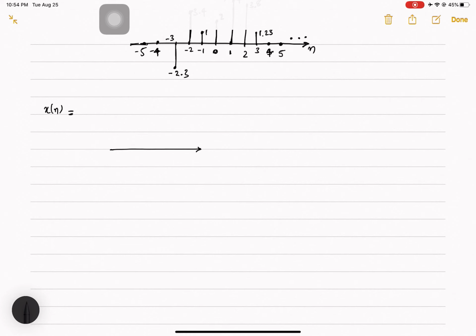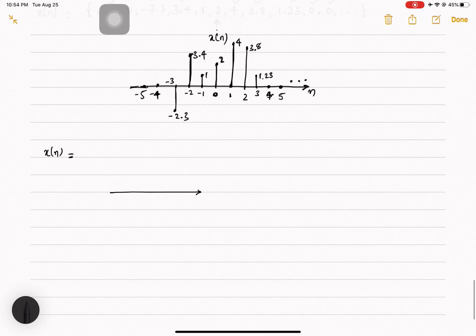So if I take delta n and multiply it by 2, okay, so 2 times delta n, how does it look? It looks like this. The value of the amplitude will be equal to 2, and this is n equal to 0, minus 1, plus 1, 2, so on and so forth.